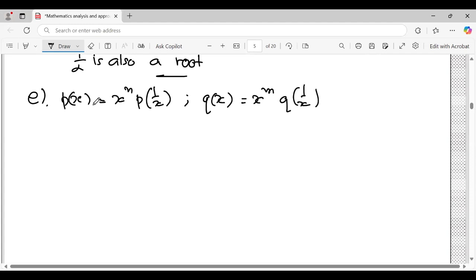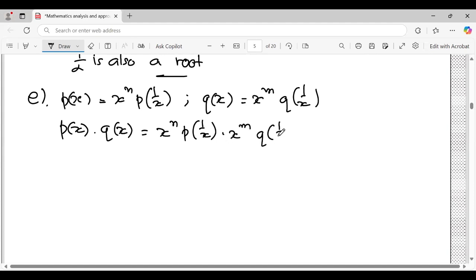So P(x) times Q(x) equals x to the power n times P of 1 over x, times x to the power m times Q of 1 over x.